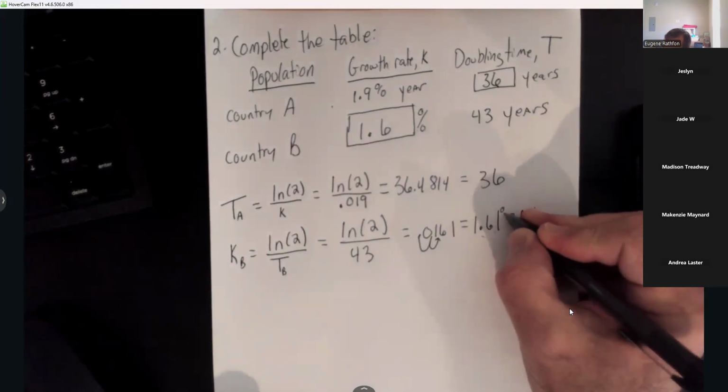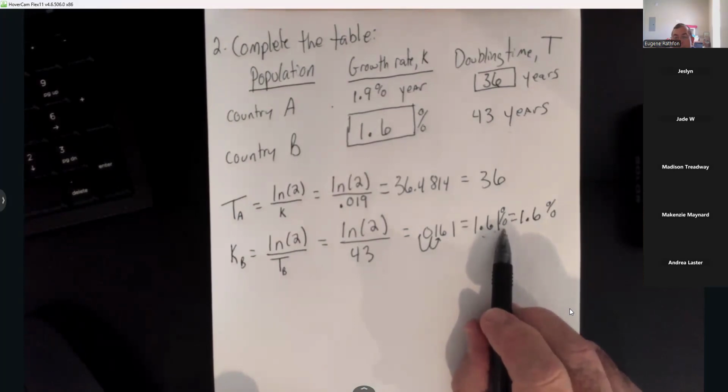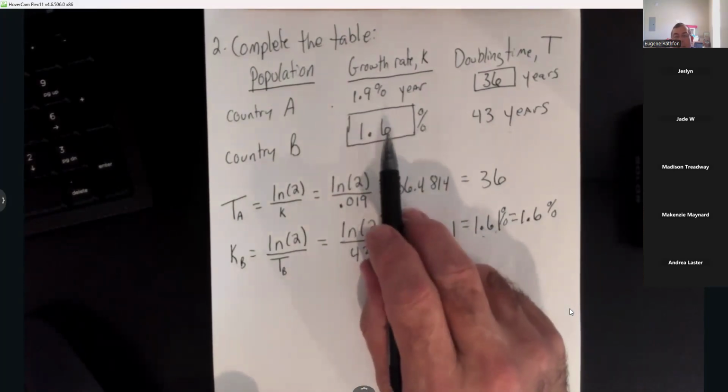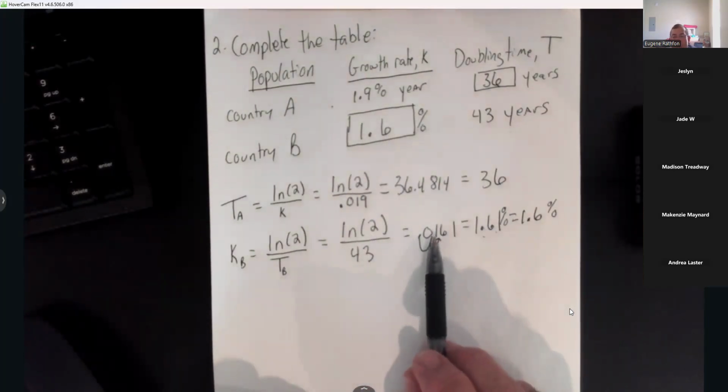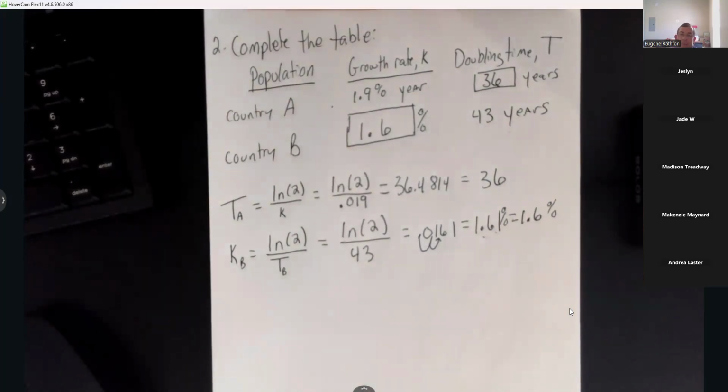At this point, this is all percent, okay? And when you get your percent, you got to round it to one decimal place. So that's why I went a few numbers out to do that, okay? So that's what you're doing for completing the table.